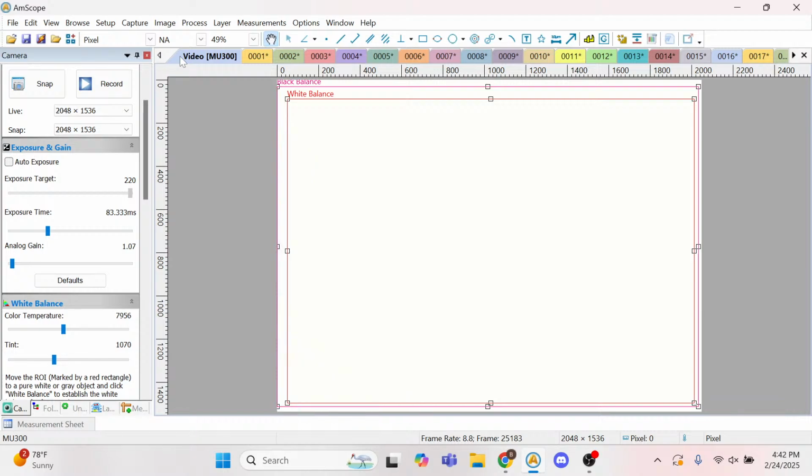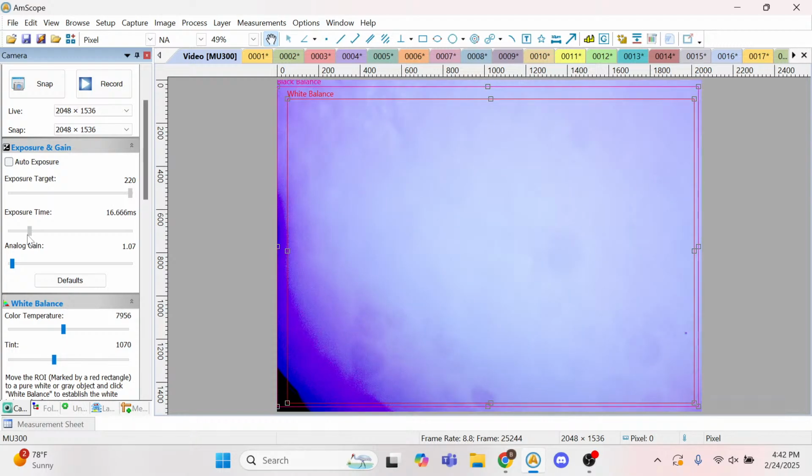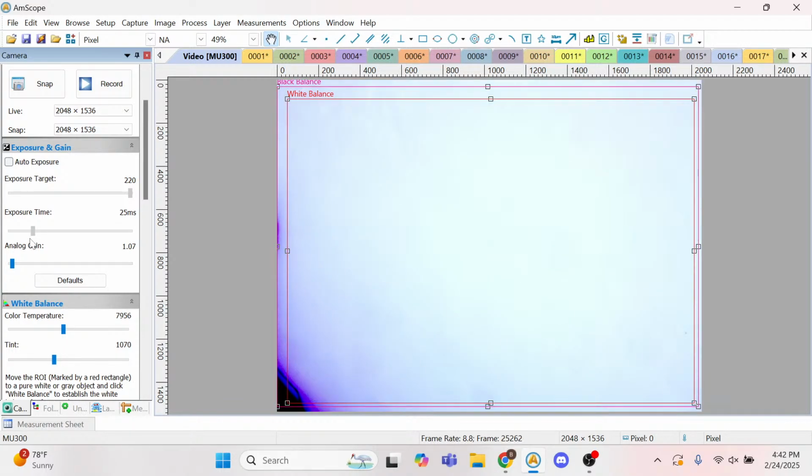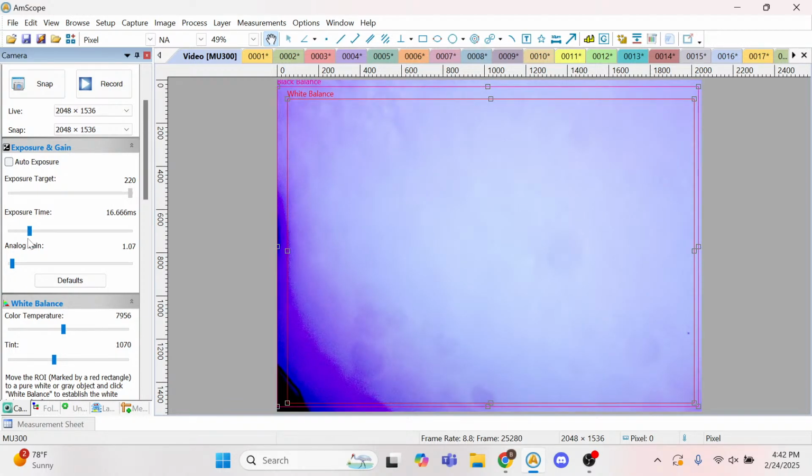Okay. This may be hard to get a good picture of. This is a fragment of chicken egg I just pulled out of the refrigerator. And it may be just too bright.